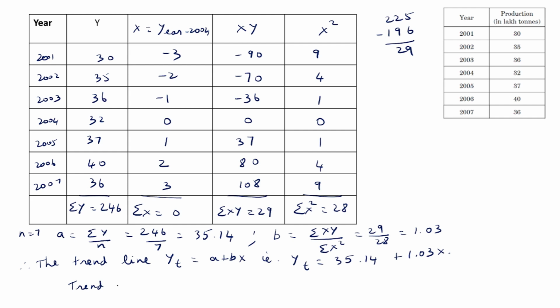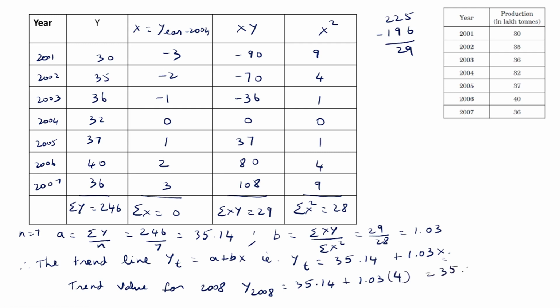Trend value for 2008: y 2008 is equal to 35.14 plus 1.03 into x, where x is year minus 2004. So for 2008, it will be 2008 minus 2004, which is 4.